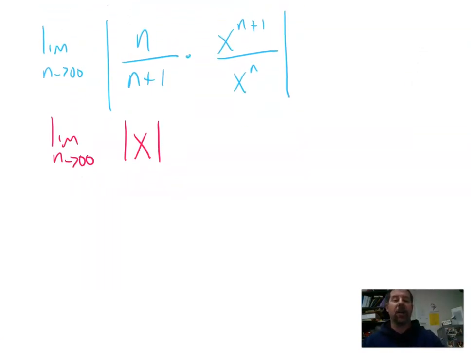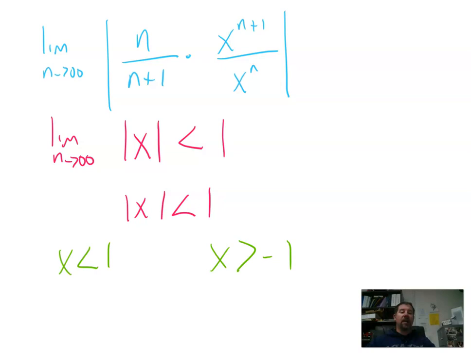And again, we're going to want to check when this is less than 1. So basically, we're just going to look when the absolute value of x is less than 1. All right, let's set up our cases. Okay, and that's going to give us x is less than 1 and x is greater than negative 1. And so our interval we have found is negative 1 less than x less than 1. But now we need to make sure we test our endpoints.